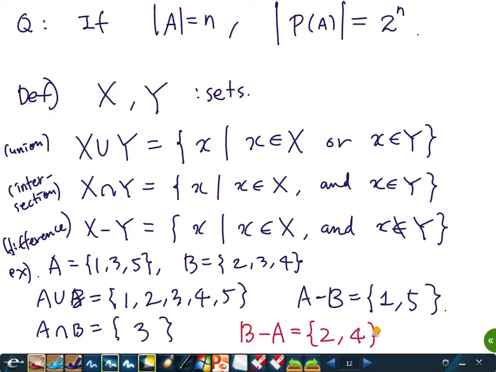These two are different, right? A minus B is not equal to B minus A. But it's quite easy to see that X union Y is equal to Y union X, and likewise for X intersect Y. We will see this kind of thing later, but just remember.